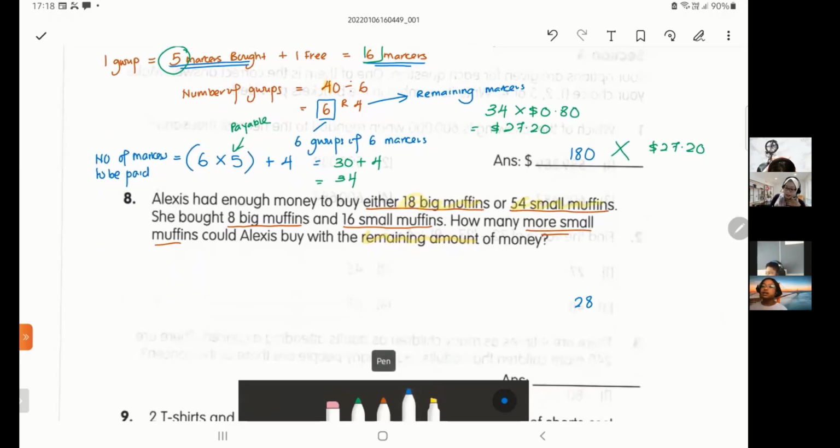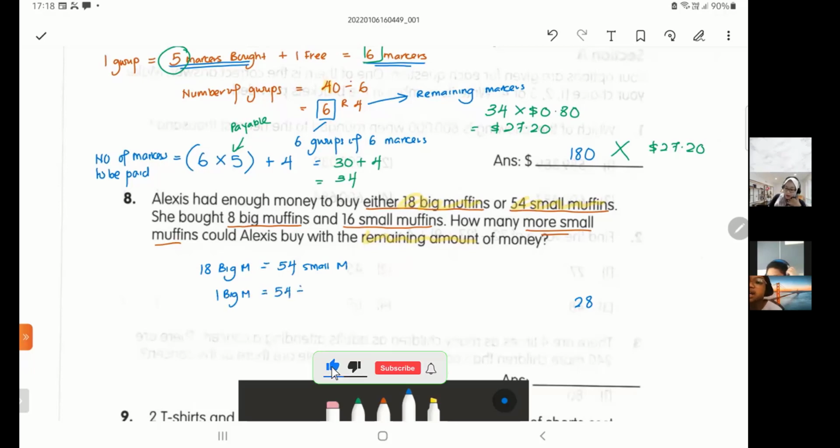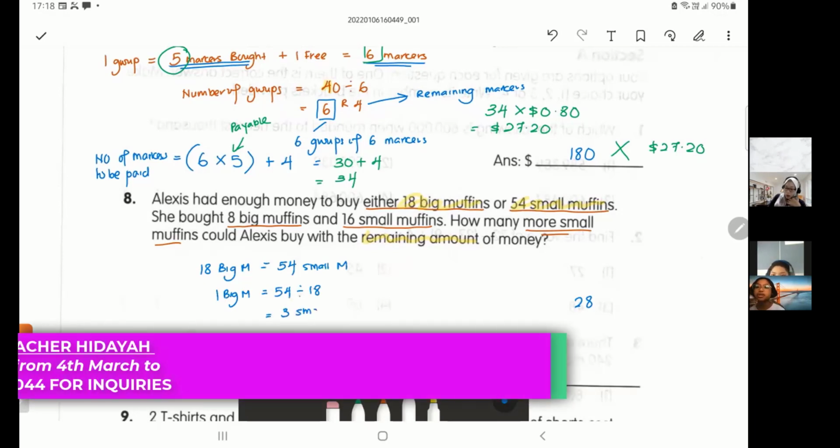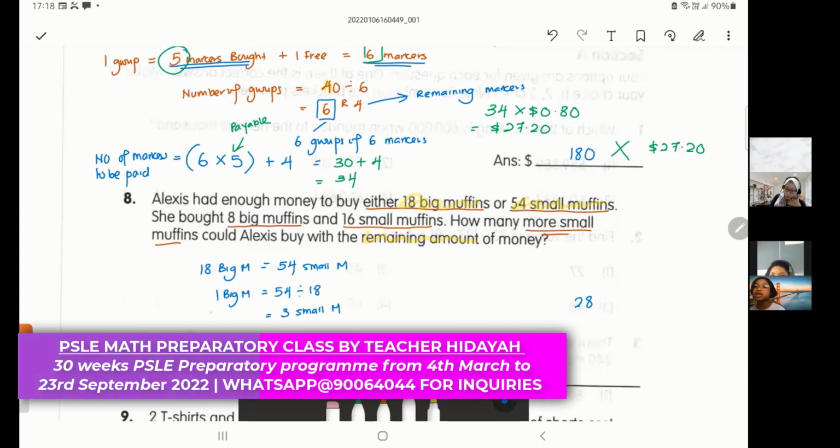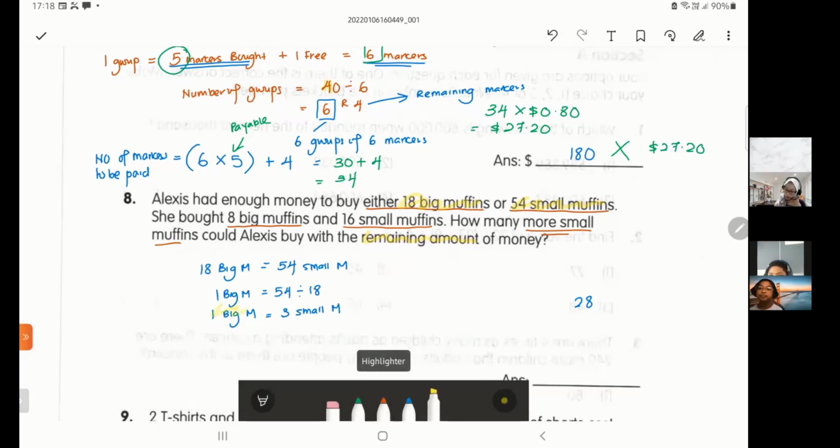So we can list it down. 18 big muffin is equal to 54 small muffin. So one big muffin is equal to 54 divided by 18, and I will get 3 small muffin, which means one big muffin is now equal to 3 small muffin.